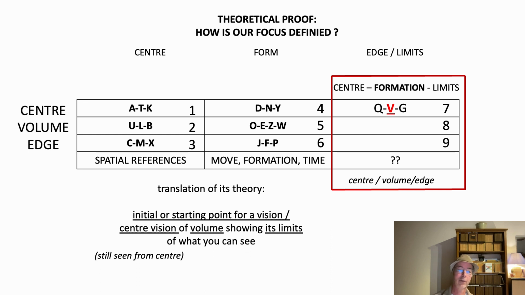We find first with the V, the volume or the material, and we show its limits, of what we can see from the center point of vision of our limits. You can analyze it by finding the position there. Okay, sorry, it's a bit more complicated, but this structure helps you to understand and to fall back onto a theory to check: am I still doing it right?